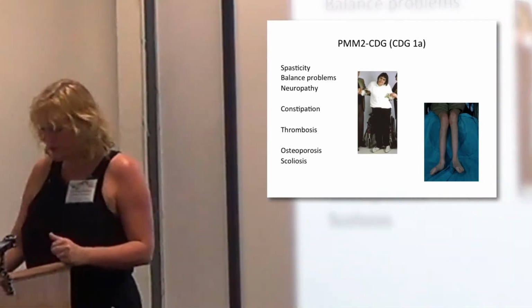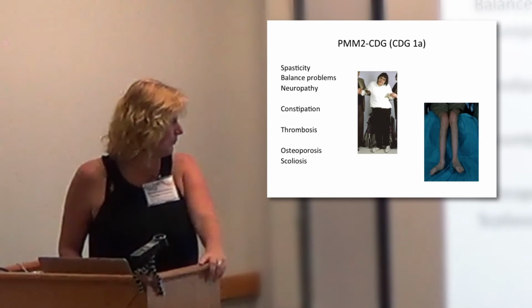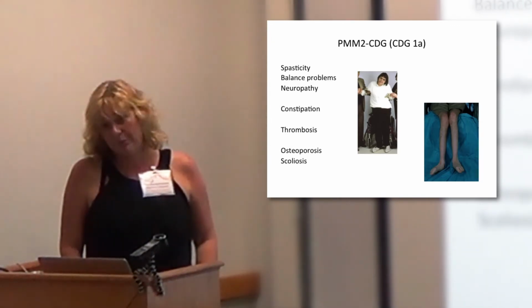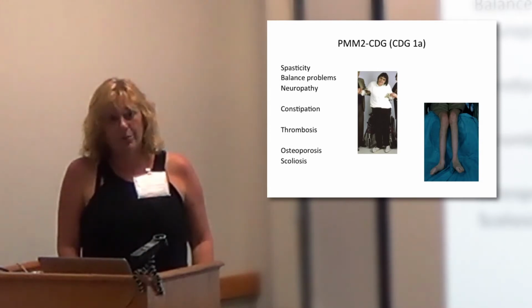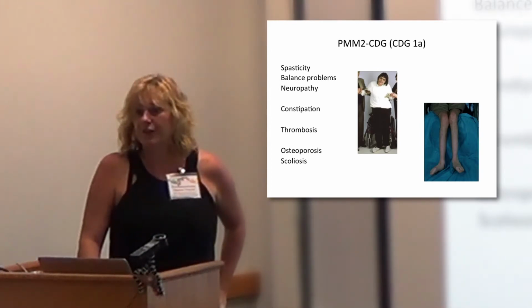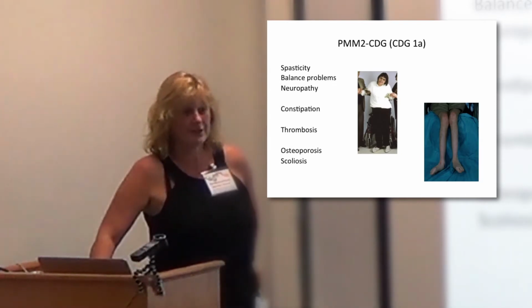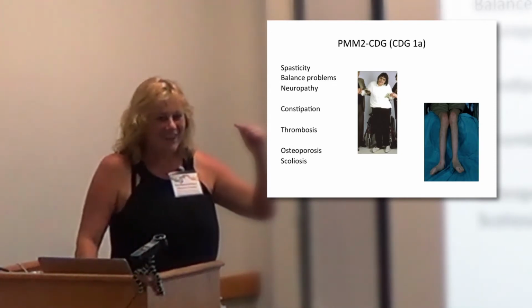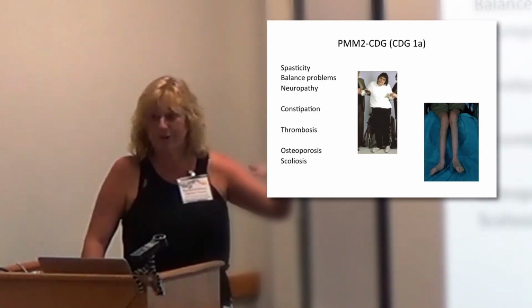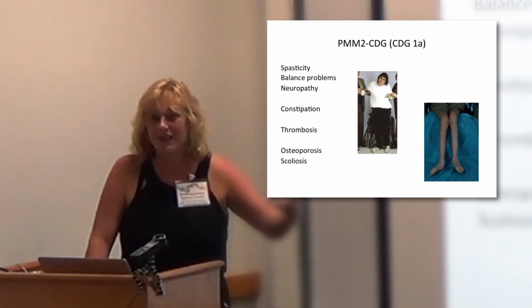That's a problem for adults. It's not easy to deal with. Scoliosis and osteoporosis, losing bone density, are also a very significant problem in many of the adults. So by the child age, you have to think about certain things and try to prevent these before they actually get it.